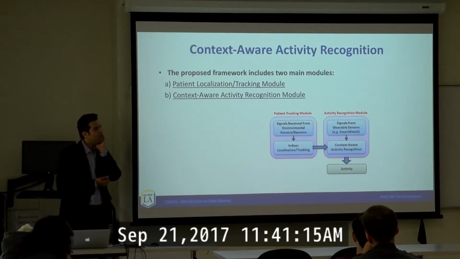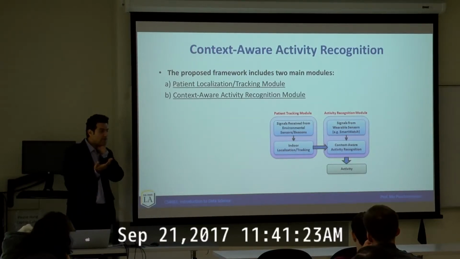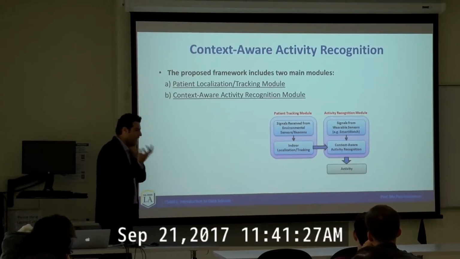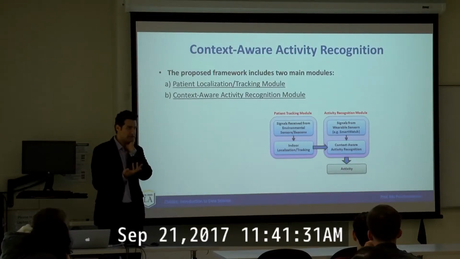Of course, the probability of lying in the kitchen is much less than the probability of lying in the bedroom, right? So if we know the location, we can take advantage of that to improve the accuracy of your activity recognition.